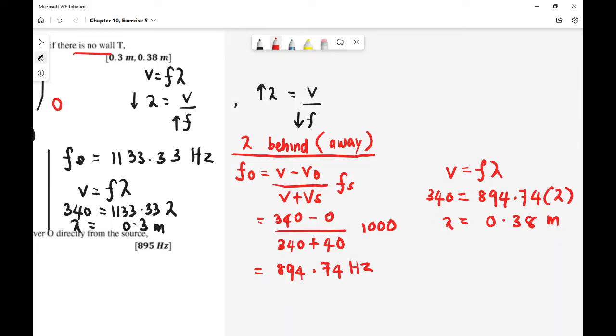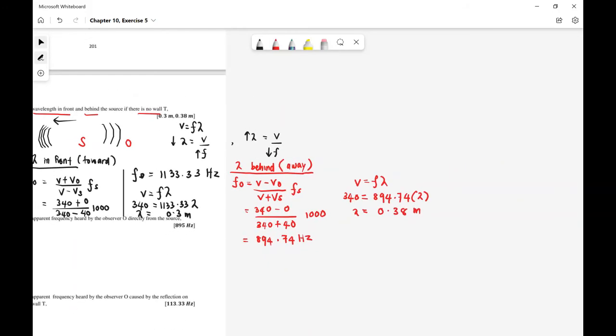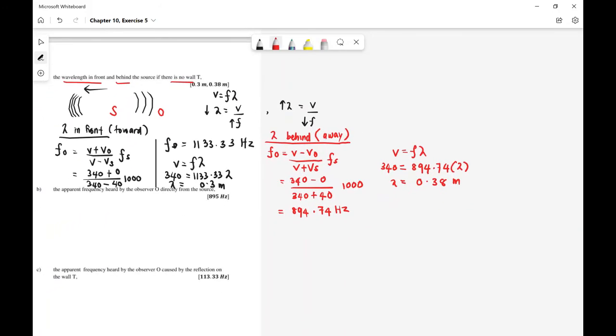Lambda behind is greater than lambda in front. Lambda in front is 0.3 meter. Lambda behind is 0.38 meter. Boleh refer video kuliah lah untuk fahamkan yang ini.